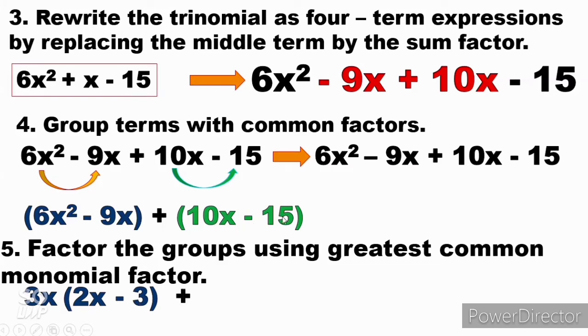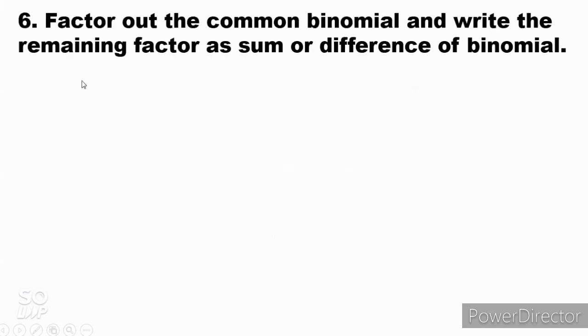And then the second one, the common factor is 5. So 10x divided by 5, the answer is 2x. The negative 15 divided by 5, the answer is negative 3. So now we have the factors 3x times the quantity of 2x minus 3 plus 5 times the quantity of 2x minus 3. And this is now the sixth step.